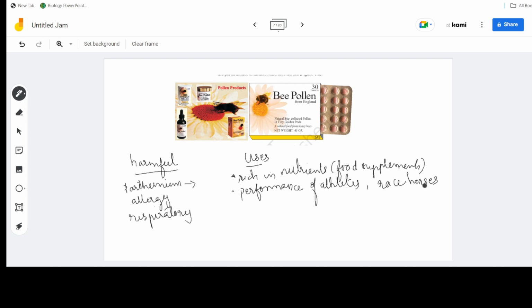And we have discussed in the previous slide that the sporopollenin on the exine helps them remain undestroyed for many years. So pollen grains can be stored in pollen banks for many years and used for crossbreeding programs.